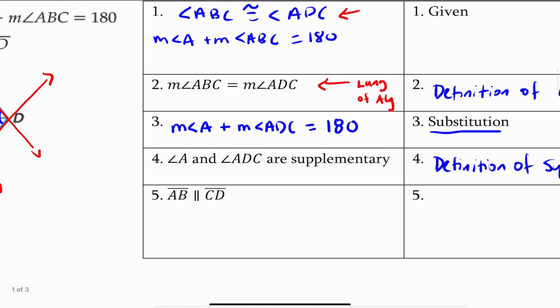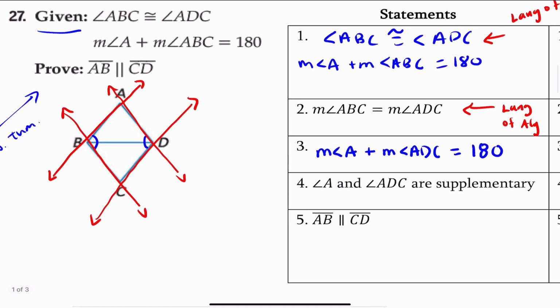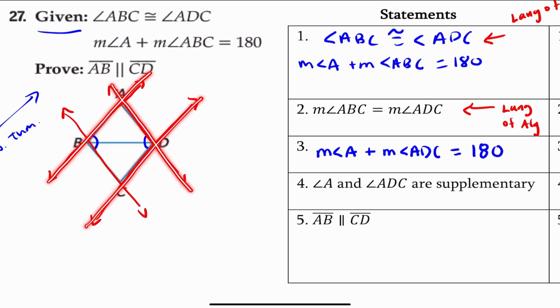So let's take a look at where angle A and angle ADC are. Angle A is right there, and angle ADC is right here. Okay, so I have these two lines cut by this transversal, and my goal here is to prove that AB and CD are parallel.